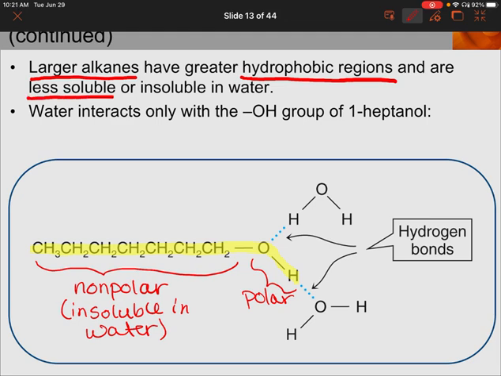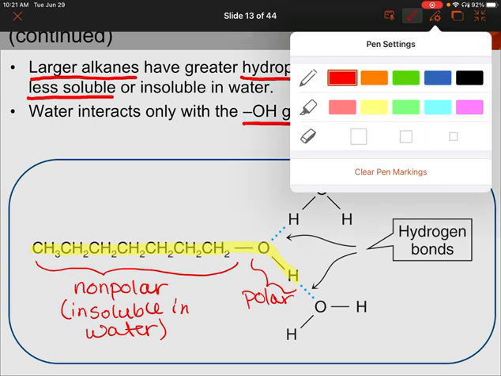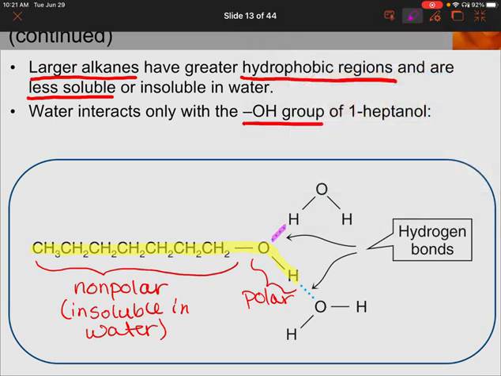Now, if you do have an alcohol like this one down below, water will interact only with the OH group. So you can see that the hydrogen bonding only occurs on this very polar end. This is actually really similar to how soap works. So soap usually has a very hydrophobic section and then a hydrophilic section that loves water.